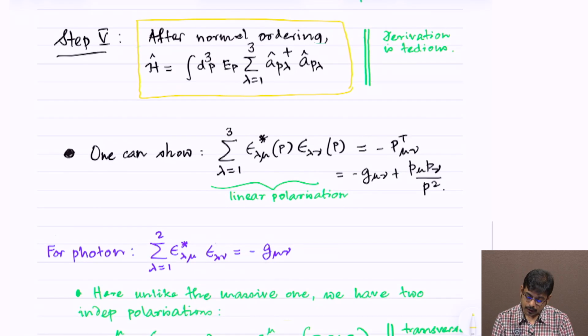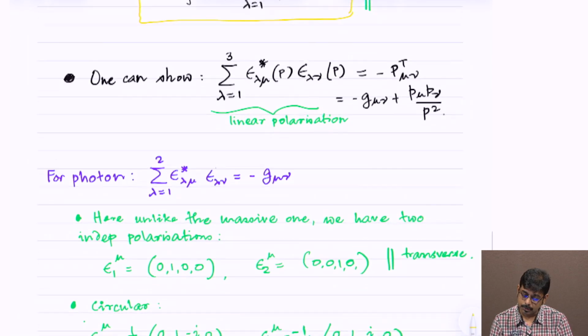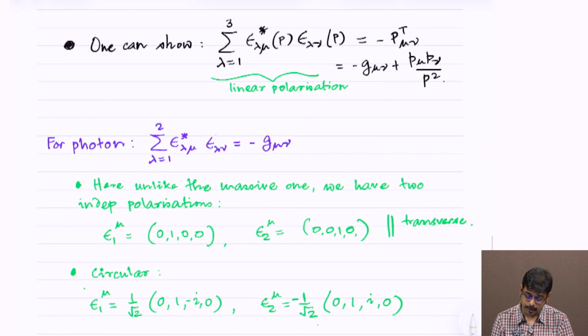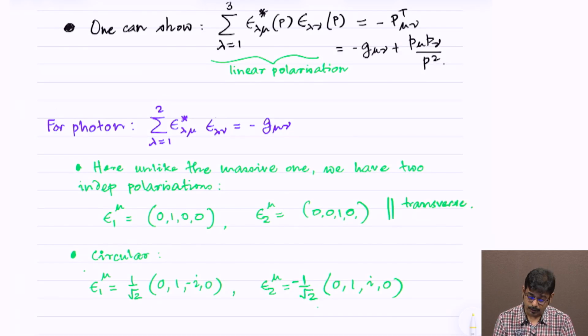And you can show that for the massive gauge boson, the sum over lambda equal to 1 to 3 of epsilon^{*}_{λ μ} epsilon_{λ ν} is equal to minus g_{μν} plus p_μ p_ν by p square, whereas for the photon, which is the massless case, it simply has two independent polarizations, and the sum over the polarizations of epsilon^{*}_{λ μ} epsilon_{λ ν} is going to give you minus g_{μν}.